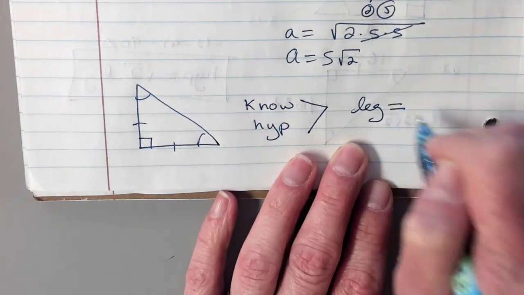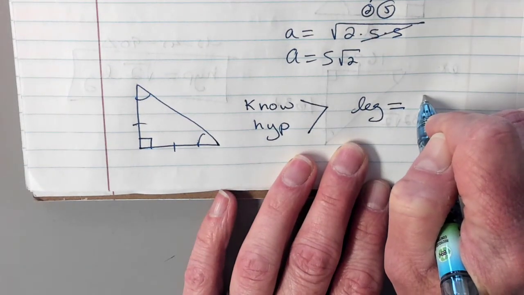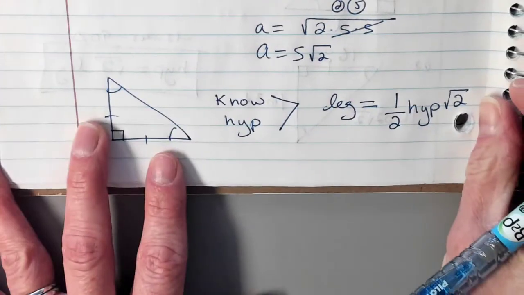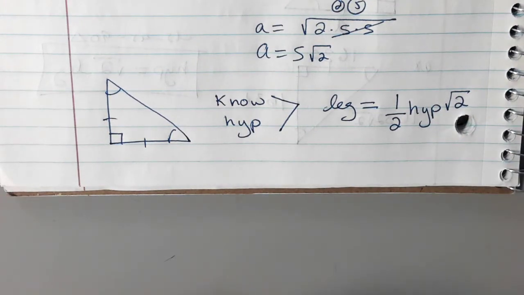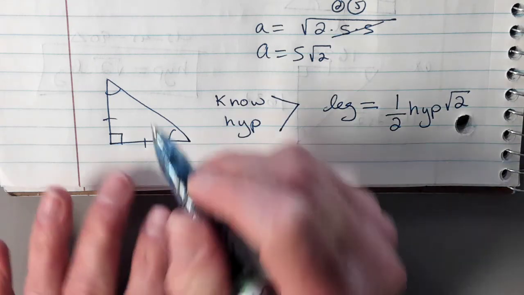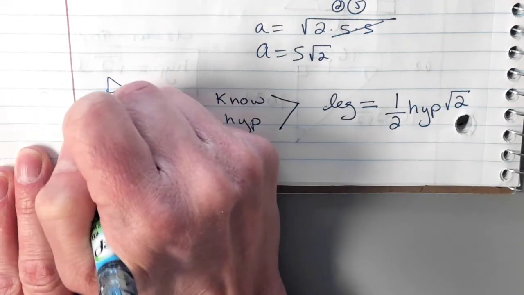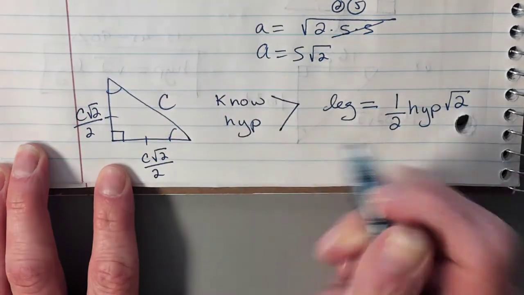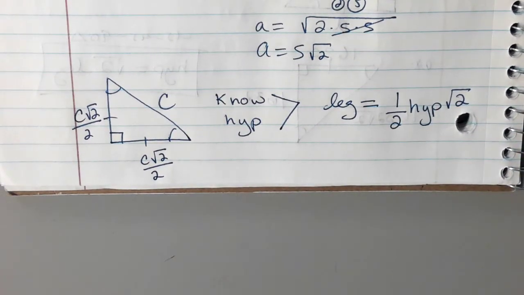The leg is half the hypotenuse times root 2. So if I know the hypotenuse, it's half the hypotenuse root 2 to give me the leg.